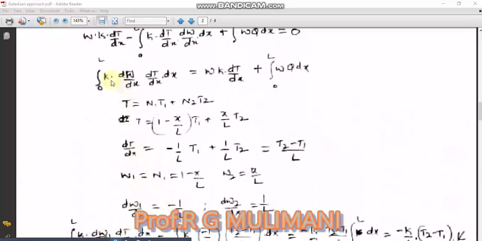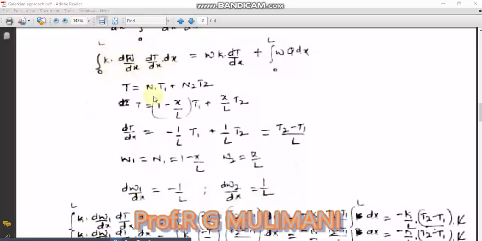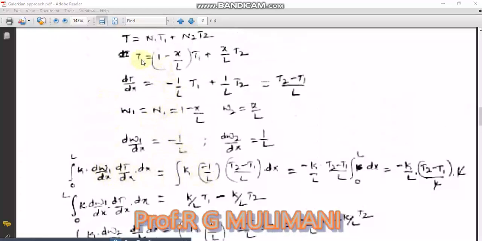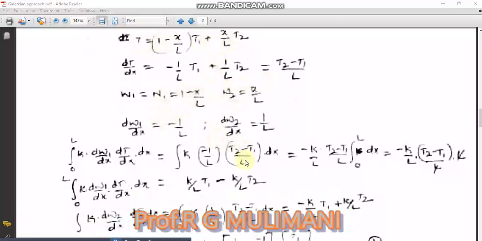Here, integration of k, we know dw1 by dx now, so dw1 by dx, dt by dx into dx. The k value is placed as it is, dw1 by dx is minus 1 by L, and dt by dx, the differentiation of the T term with respect to x, is T2 minus T1 by L, into dx.